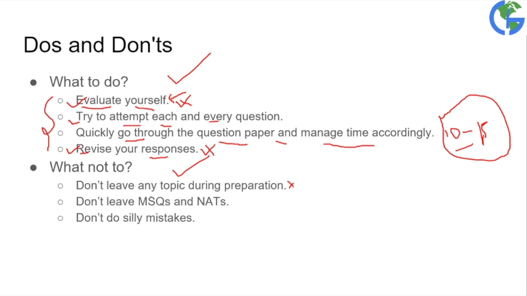Next thing is, don't leave MSQs and NAT. I'm talking about section B and section C of your question paper. Why? Because in these sections there is no partial or negative marking, so there is a high chance of getting marks out of these questions.